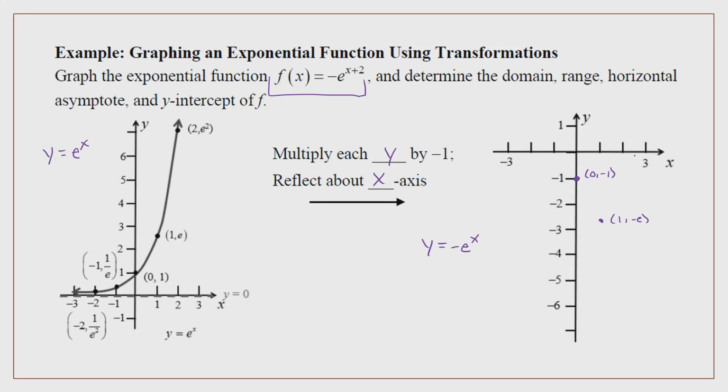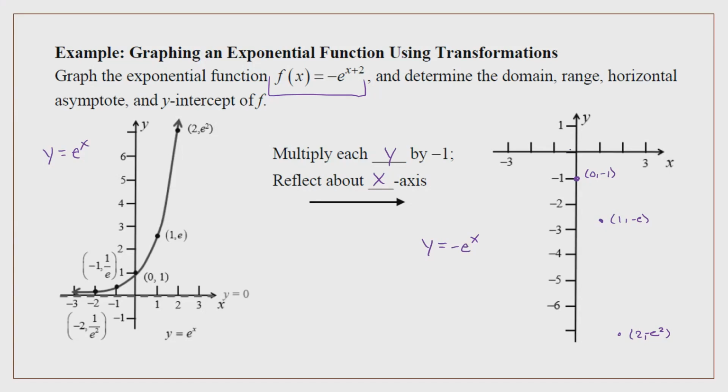And then we had (2, e squared), and e squared is approximately 7.39. So now we'll have (2, -7.39).